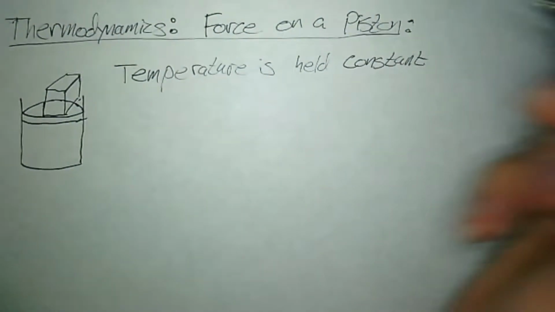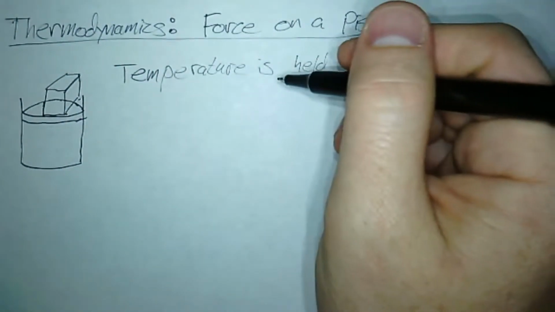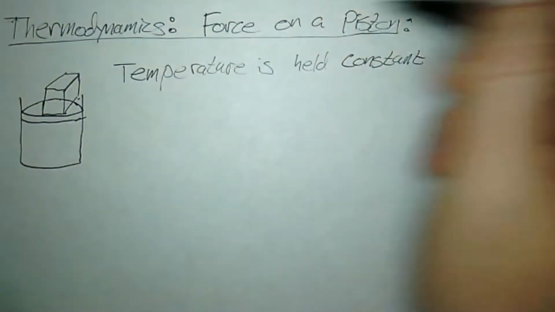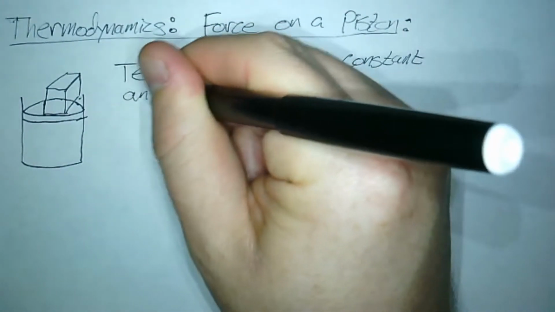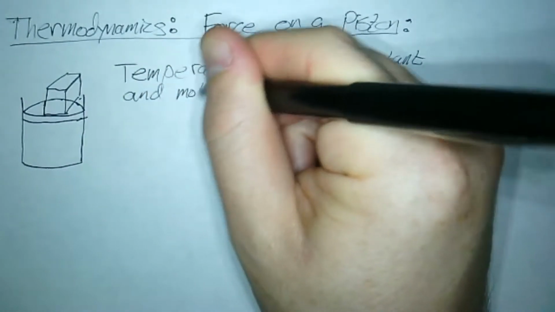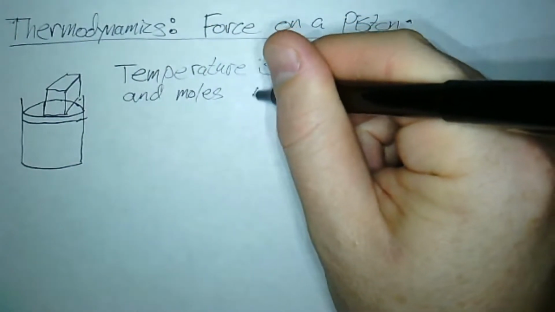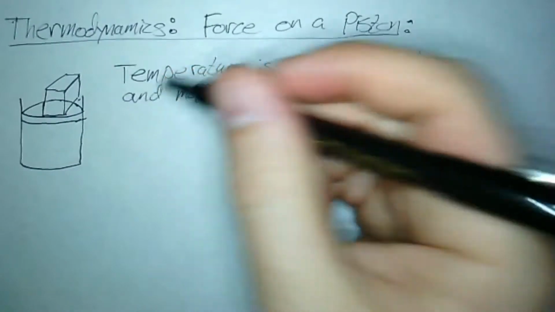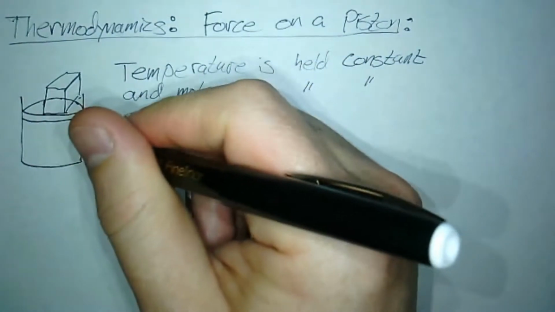All right. So if you're holding the temperature constant and the number of moles is constant too, then how do your pressure and volume relate?